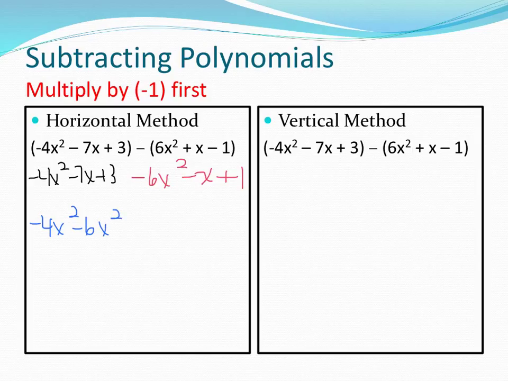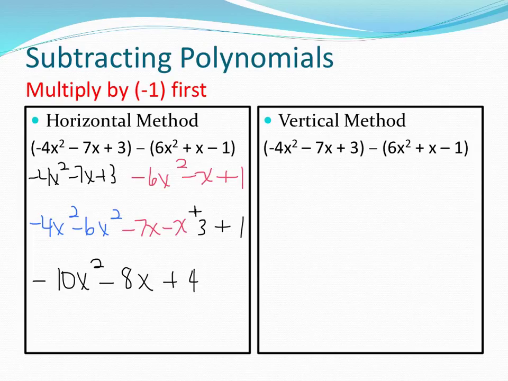And then we have -7x minus x. And then we have 3 plus 1. So now when we combine our like terms, we will have -10x squared minus 8x plus 4. And let's put that plus sign in front of the 3 so that we know that there's addition there.